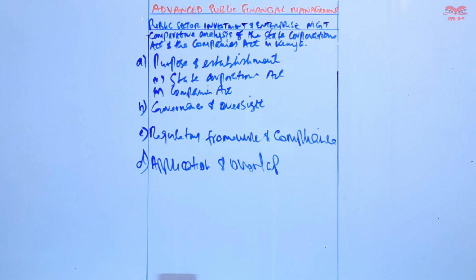So the State Corporations Act often imposes stricter controls and a greater degree of ministerial direction compared to the general corporate governance principles under the Companies Act, which are geared towards private enterprises and shareholder value.